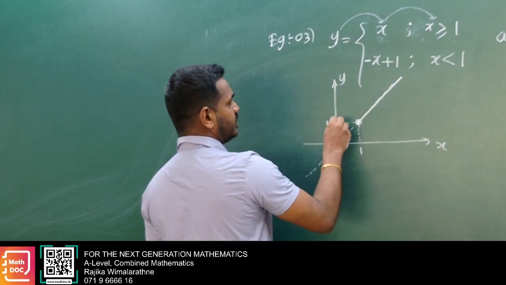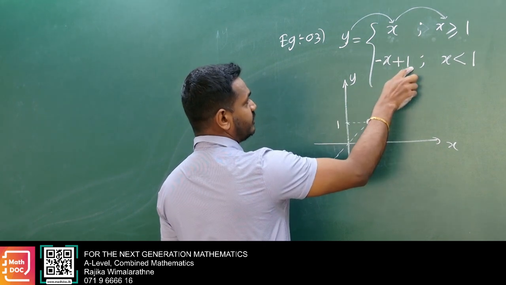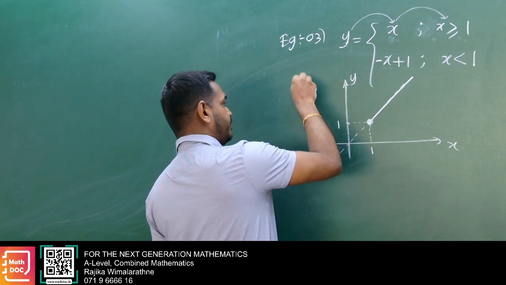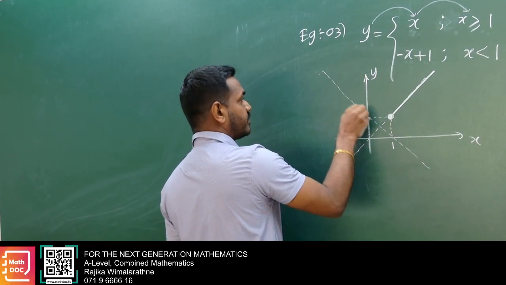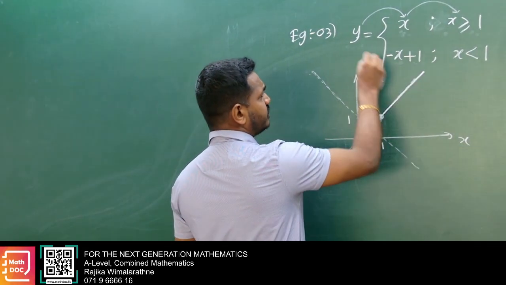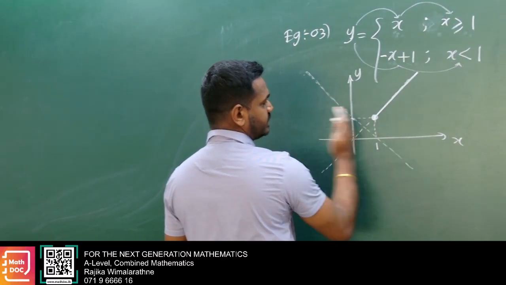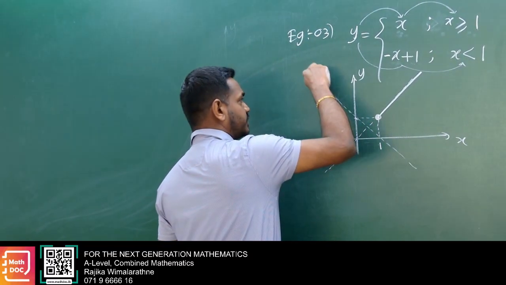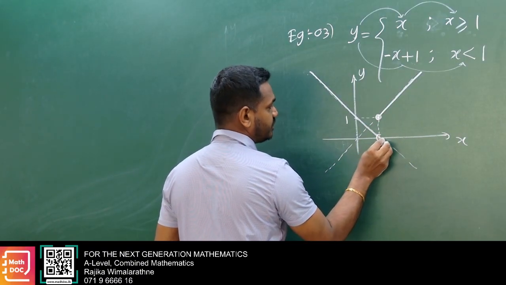Here intercept 1, gradient negative. When x is 0, y is 1, and when y is 0, x value is 1. Now it goes like this. That is the function y equals minus x plus 1 for x less than 1, for this region. Then you get a solid line only for this. That's how we sketch a piecewise function. Simple thing.